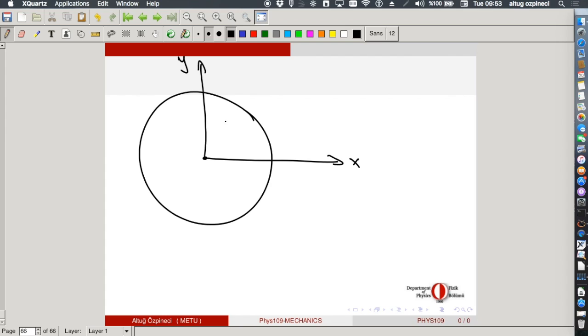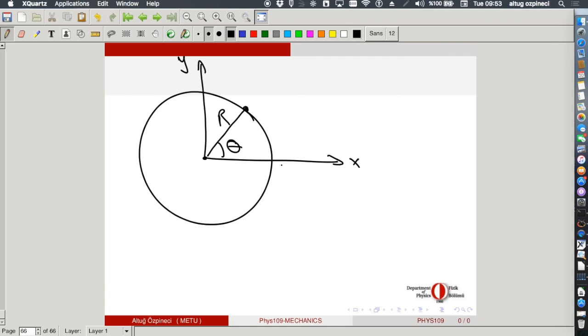Let's just assume at a given instant, my object is at that point. Its distance from the center is r, which is fixed. Now let's just assume that this is theta. We know that theta will be changing with time.